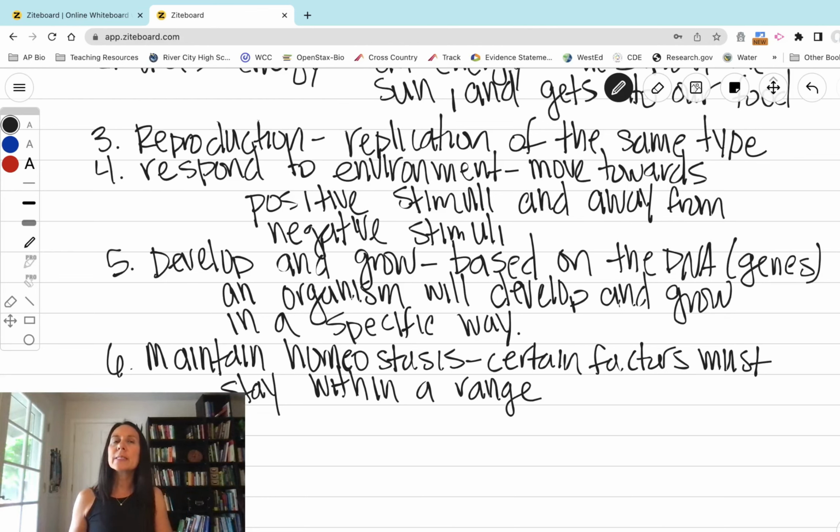And so what that means is that you have to have these different traits within the population, and some of those traits are going to have an advantage over other traits. And so this is called evolution. So all populations need to be able to evolve. Okay, so the ability to adapt through evolution.